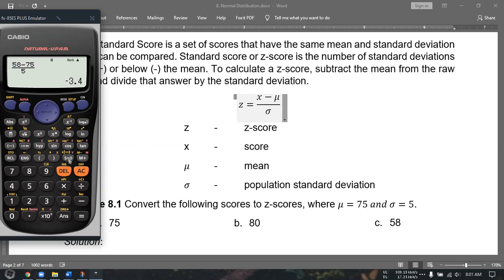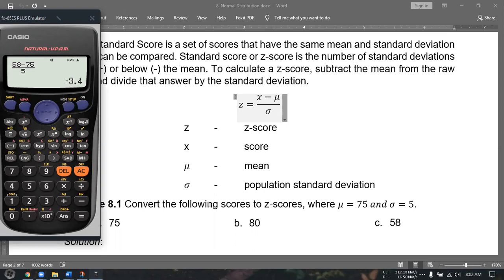So 58 is 3.4 standard deviations away from the mean, but on the left side because this is negative. Negative means 58 is lesser or below 75. I repeat, 58 is 3.4 standard deviations away from the mean, on the left side of the normal curve.